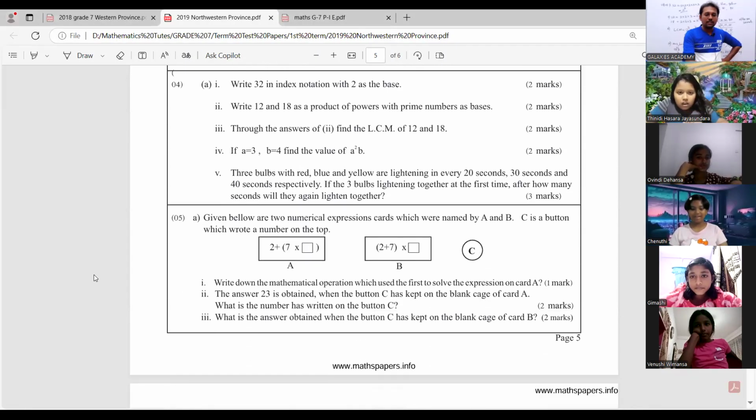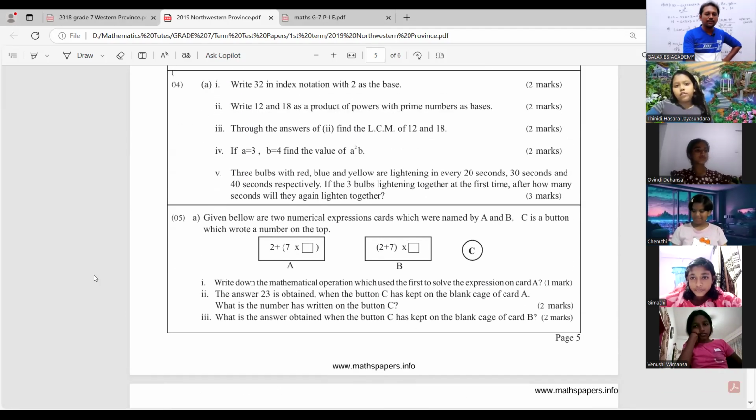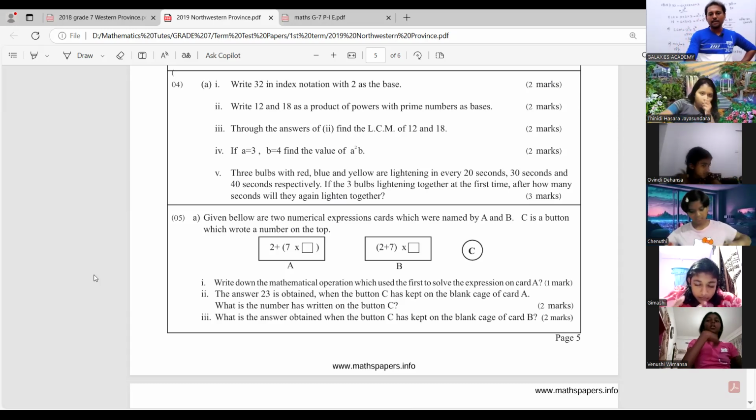Then we can go to discuss another one. Question number 5. Okay, fifth question, look at it. Given below are two numerical expression cards which were named A and B. C is a button which has a number written on the top.